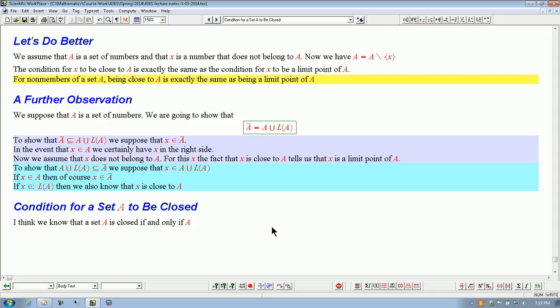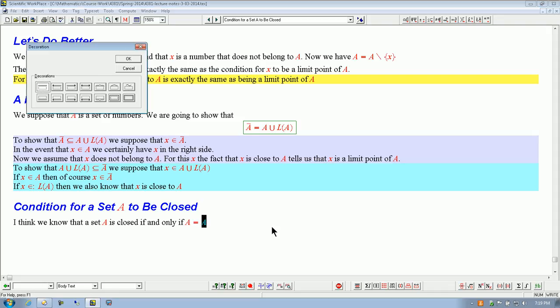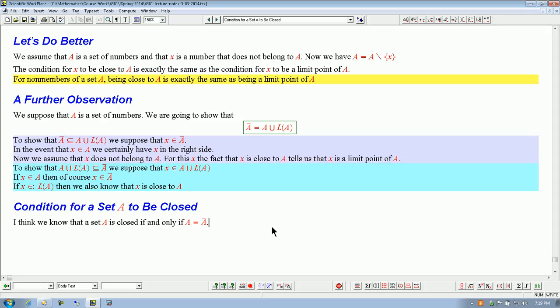This is something we did when we started studying closure. A set is closed if and only if it is equal to its closure.